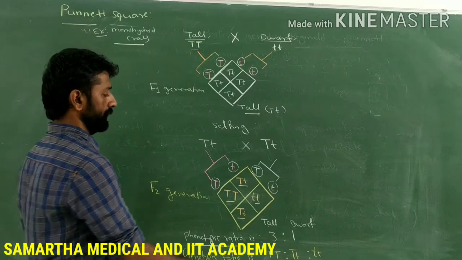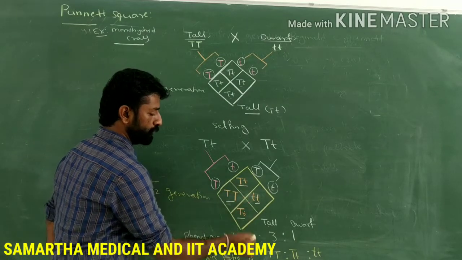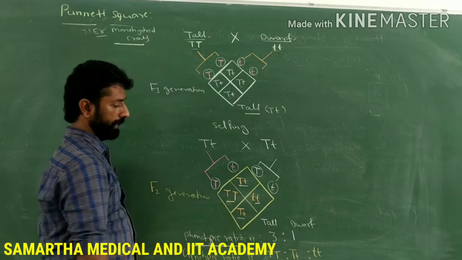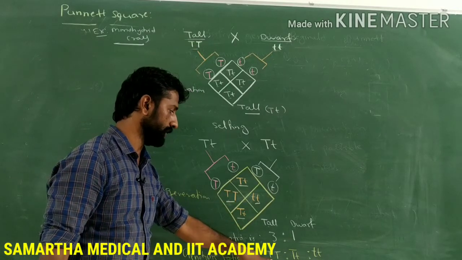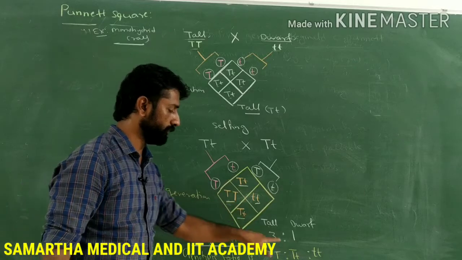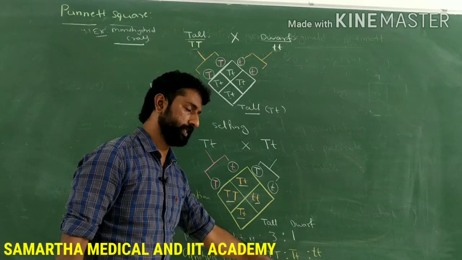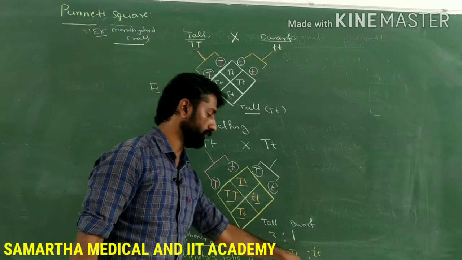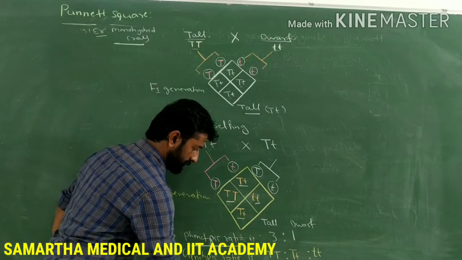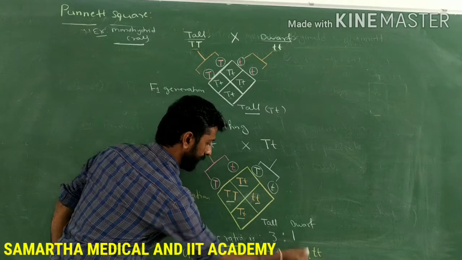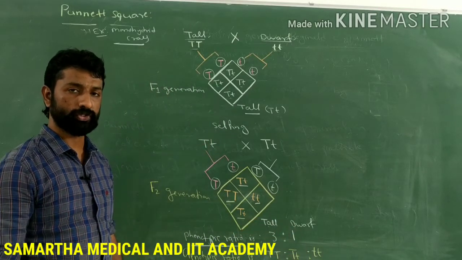Genotypically, 1/4 are found to be homozygous tall, 2/4 are found to be heterozygous tall, and 1/4 are found to be homozygous recessive. So their genotypic ratio is 1:2:1.